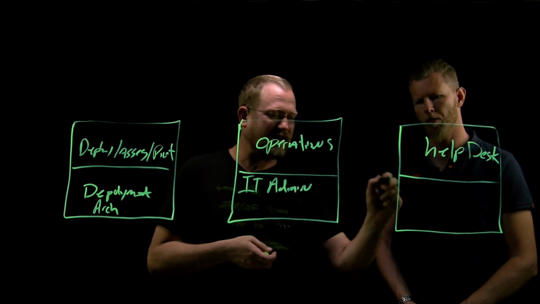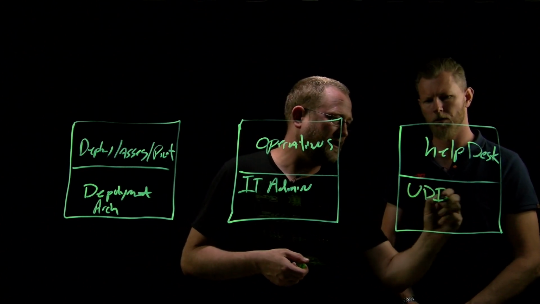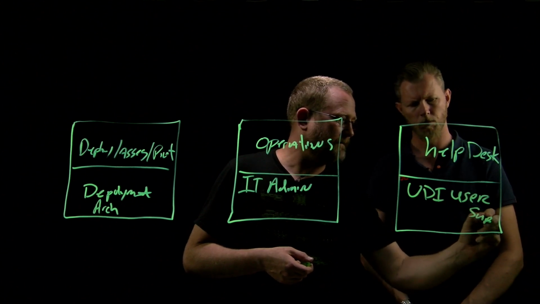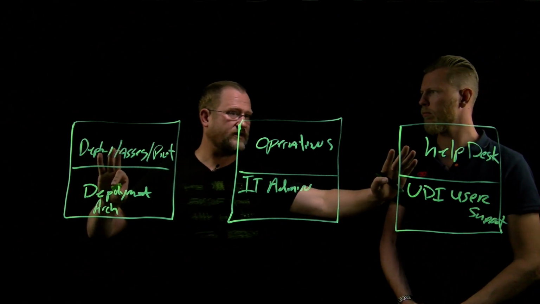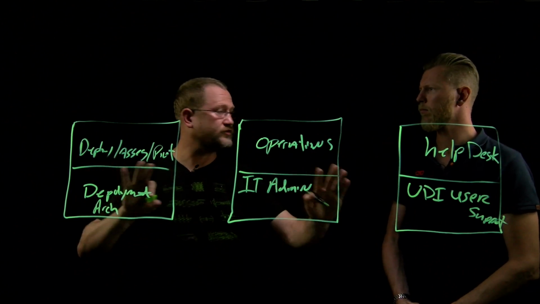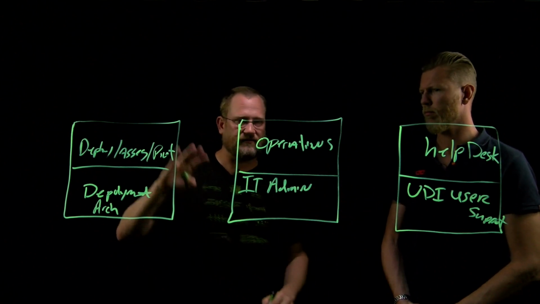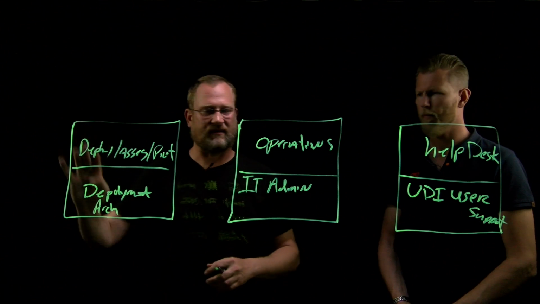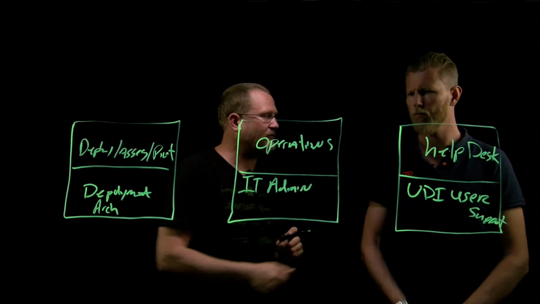So this is our IT help desk, and this is really VDI user support. Because we built the solution with these tools in mind, we're able to handle every phase of that project, from assessing, designing, and deploying, and then coming back to assessing what the problem was and maybe redesigning and redeploying.